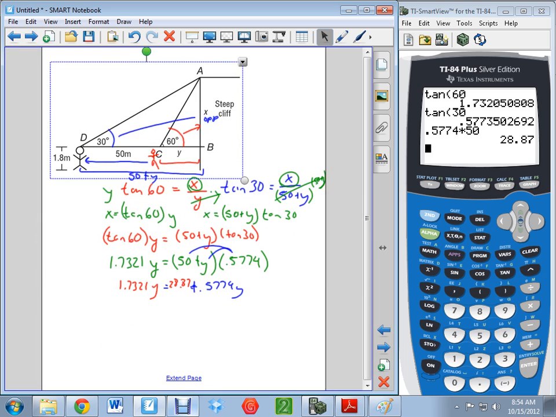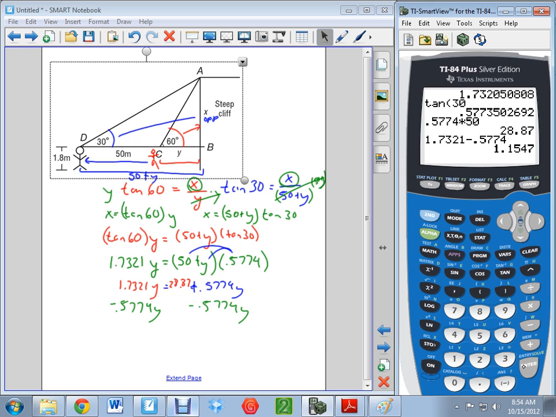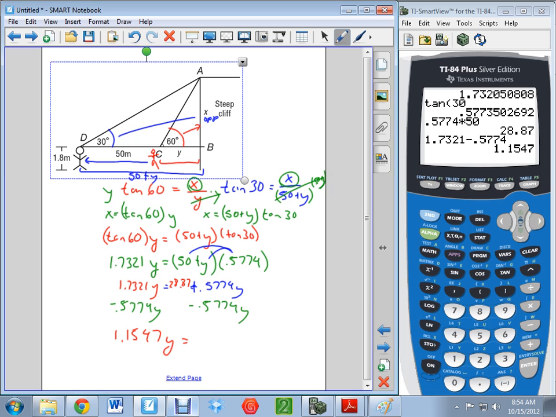Now, if I'm going to keep doing this problem, I need to get my like terms on the same side, so I'm going to subtract the 0.5774y from both sides, and then we just have to calculate that. 1.7321 minus 0.5774, and that will get me 1.1547. 1.1547y is equal to, and then we have the 28.87 on this side still.